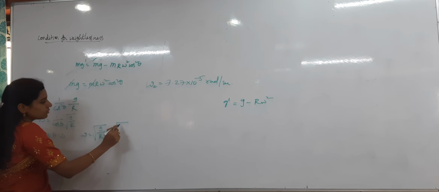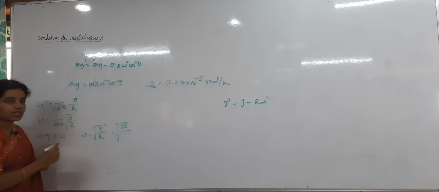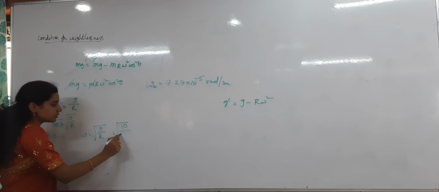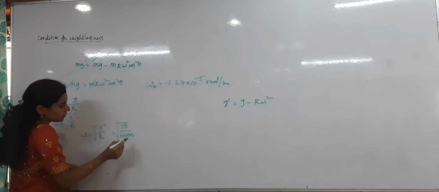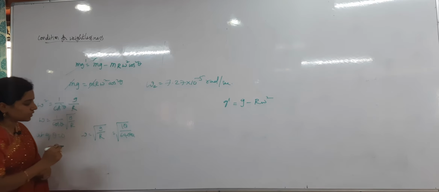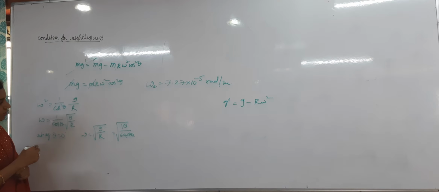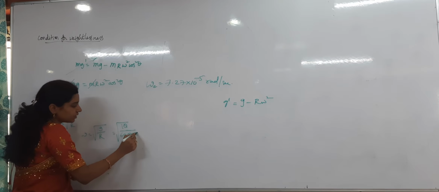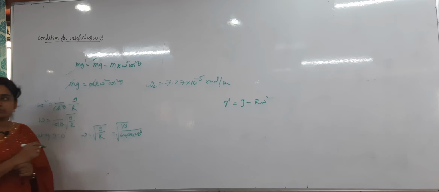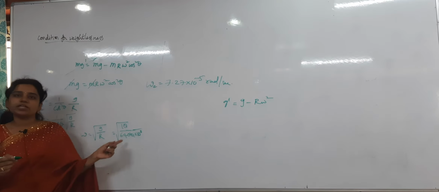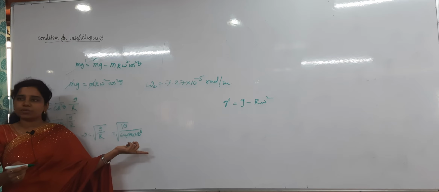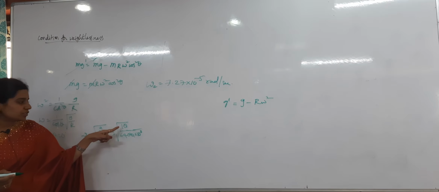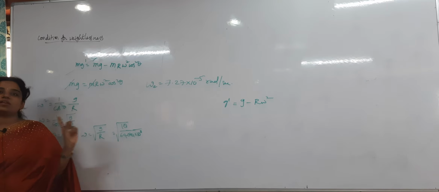Under root, G is how much for us? Let us take 10 approximately. And then r will be 6,400 kilometers. Kilometers, nothing but this is meter per second, so that 10 power 3 also I have to take. Correct? 6,400 kilometers, a kilometer is 1000 meters, we have to take. Why? Because the G value is 10 meter per second square.